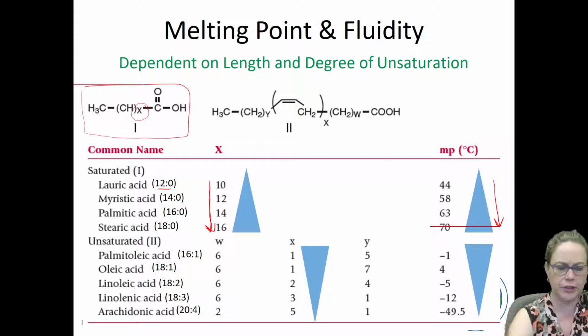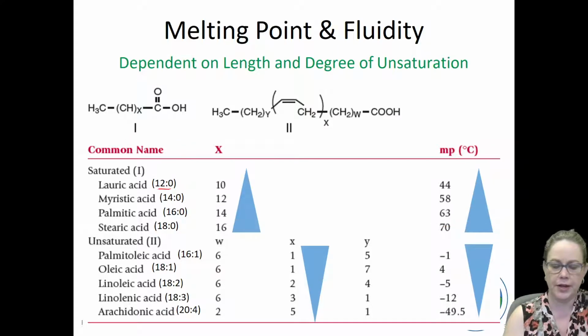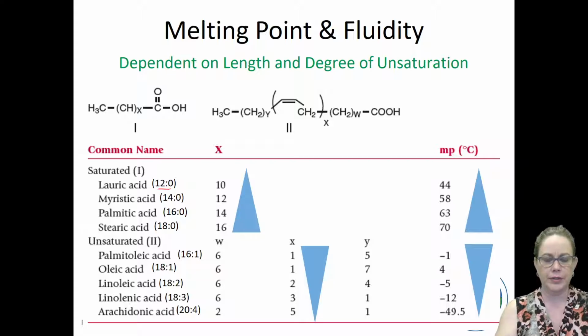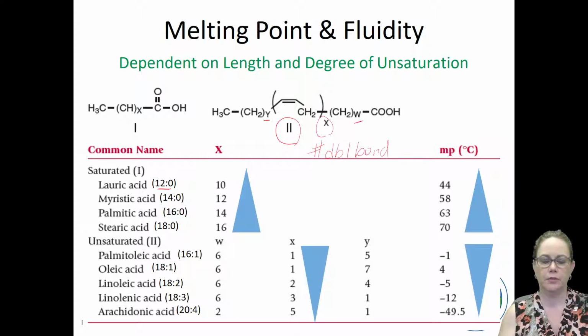If we take a look at the unsaturated fatty acids, now we're looking at structure 2. We have three different groups we're varying. The methylene Y and X control the number of double bonds, and notice they're all cis. And then W is just the methylene linker on the other side of the double bond.